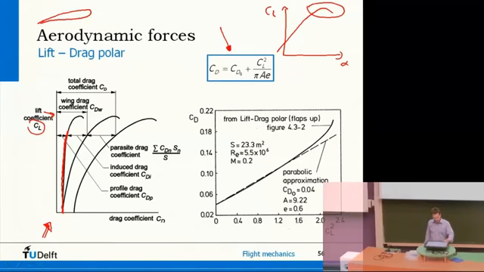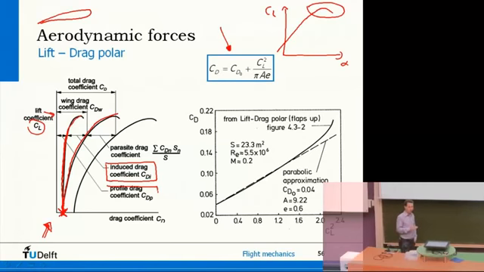But as soon as we start creating lift, then we'll have more drag than the two-dimensional case. And therefore we call this the induced drag coefficient. So we had profile drag and induced drag. So that gives you a parabolic relation.